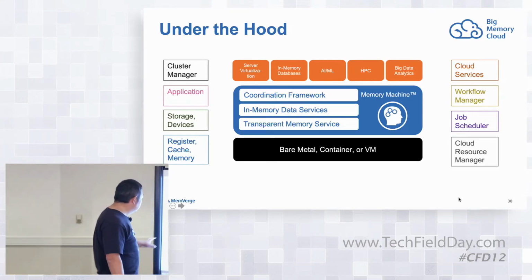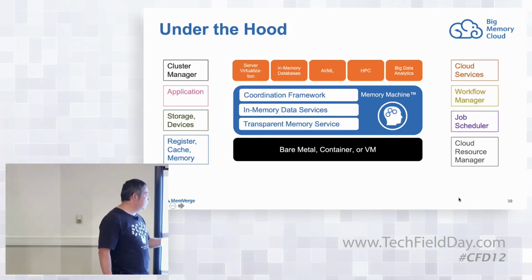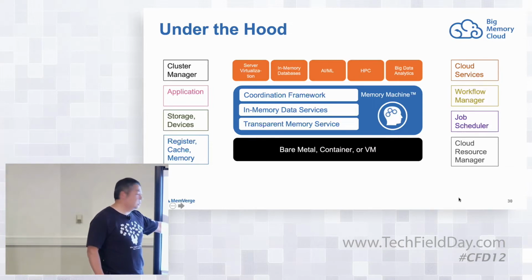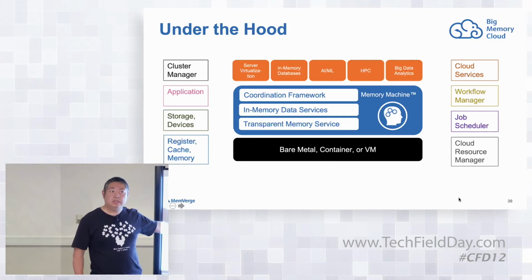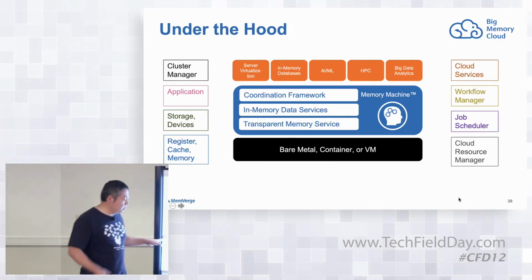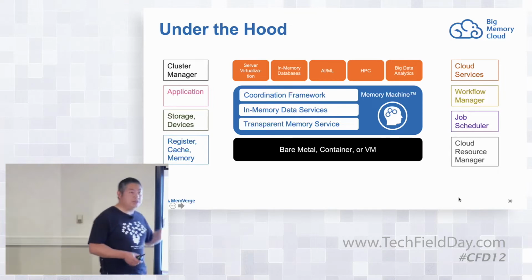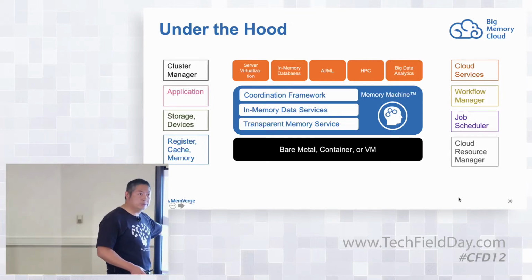Traditionally, as Charles mentioned earlier, our focus has been on in-memory enterprise-class data services. Our special sauce is being able to capture all this information in memory, register and cache memory, and we do that in a very fast way because of our magic at these two layers.